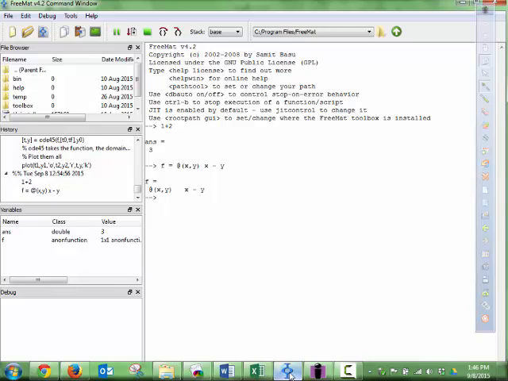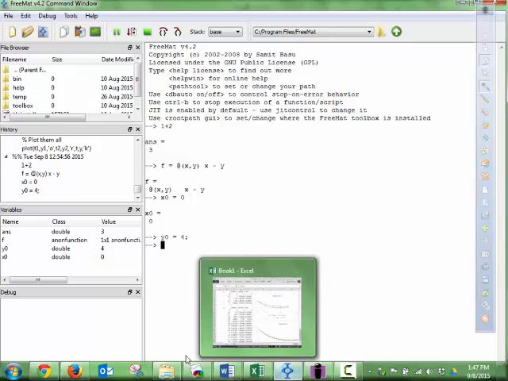So let's identify our initial points. Our x naught was equal to, what was our x naught again? 0. And, oh, it's echoing my information. So y naught is equal to 4. Now, if I don't want to see this echoed back to me, I'll just put a semicolon, and it's not going to tell me what my last input and output was.